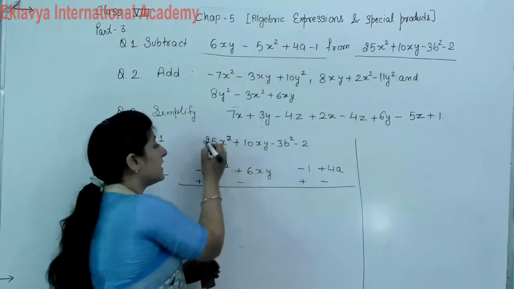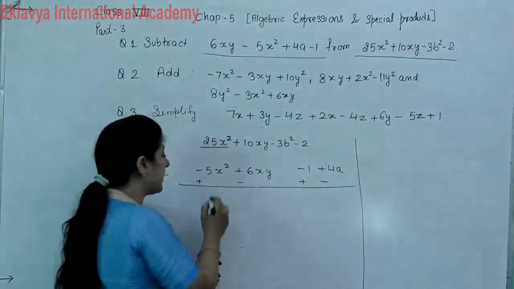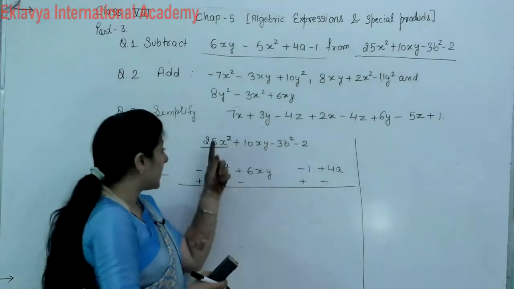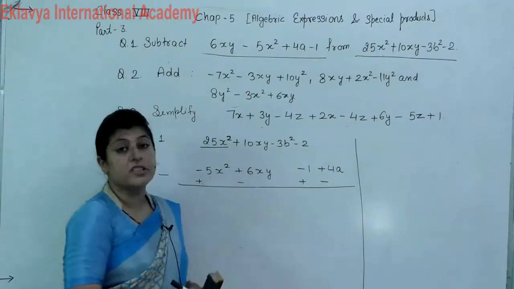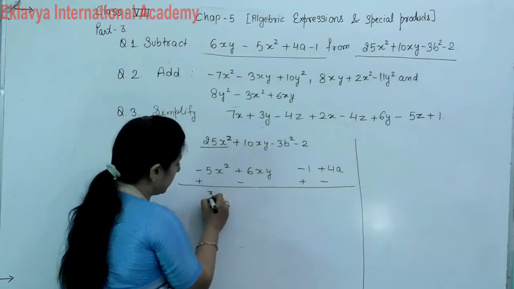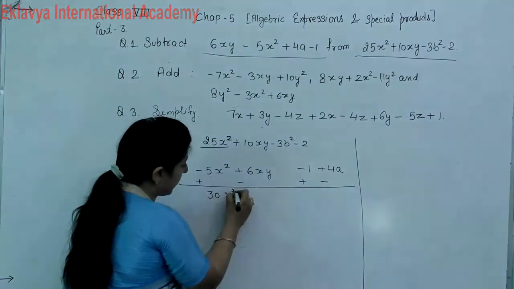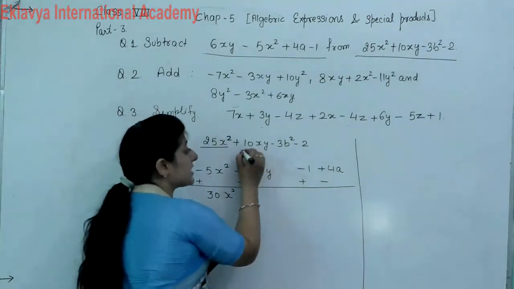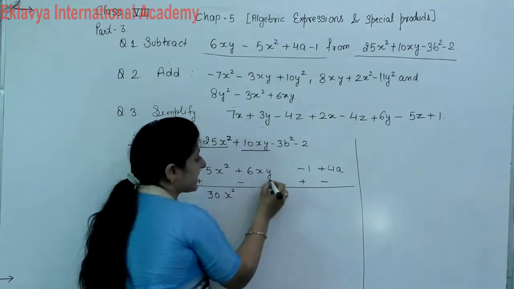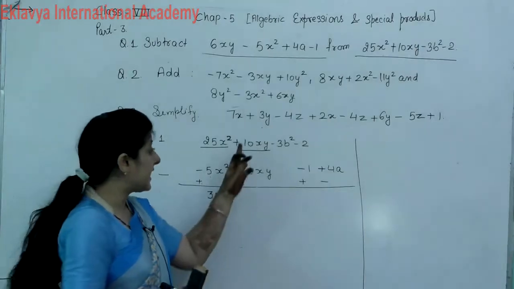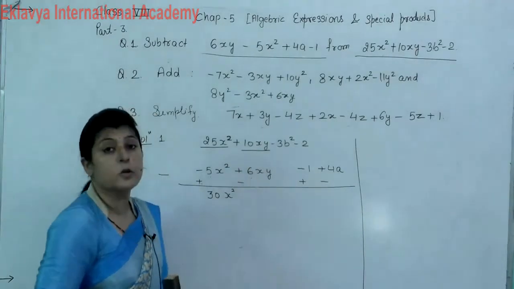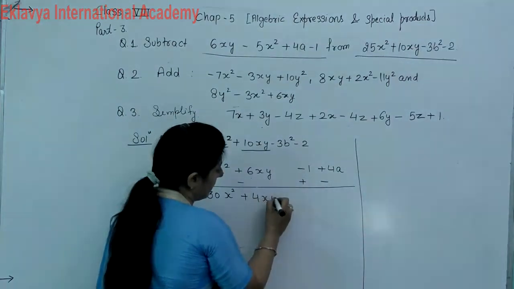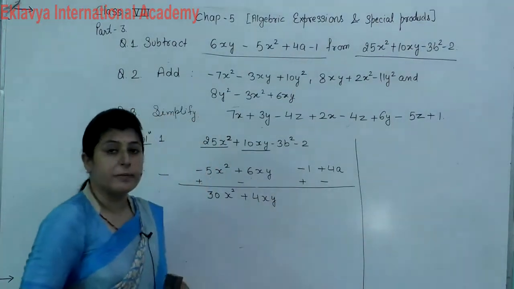Now see, this is 25x square, this now is plus 5, then 25 plus 5 is equal to 30, then it becomes 30x square. Next, this is 10xy, this is minus 6xy, then 10 minus 6 is equal to 4, then it becomes plus 4xy.